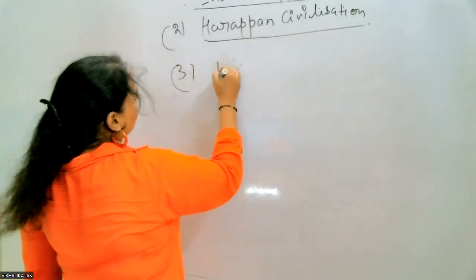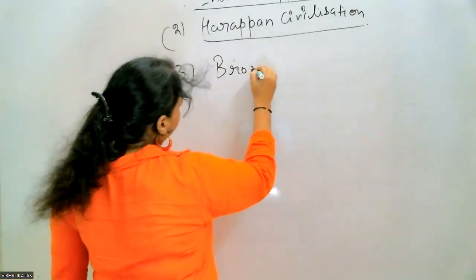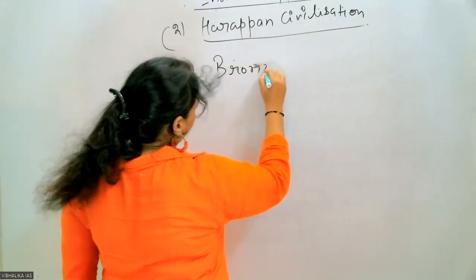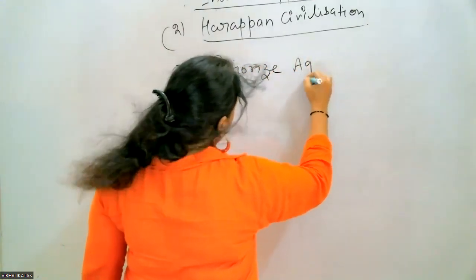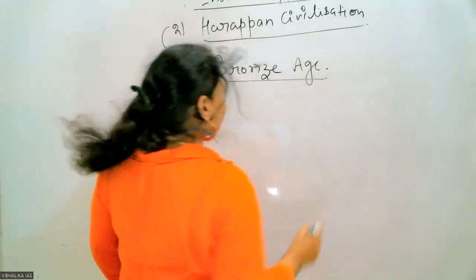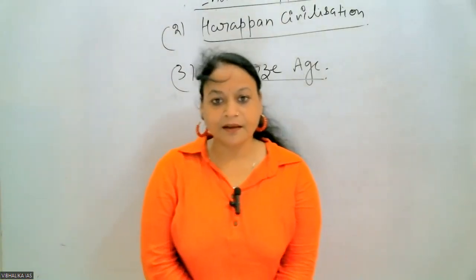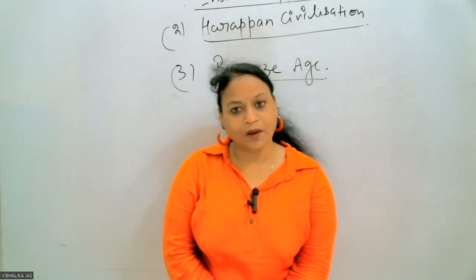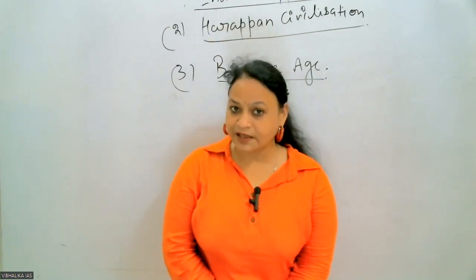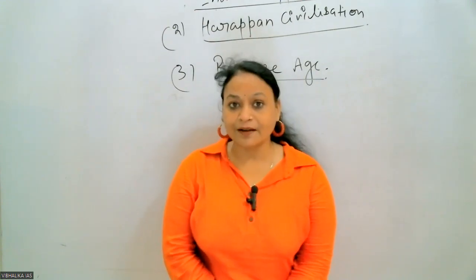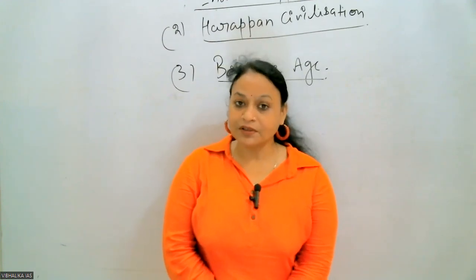And the third name is Bronze Age. You know one thing, students, Harappan people were well educated and literate, and they were very well acquainted with technology.